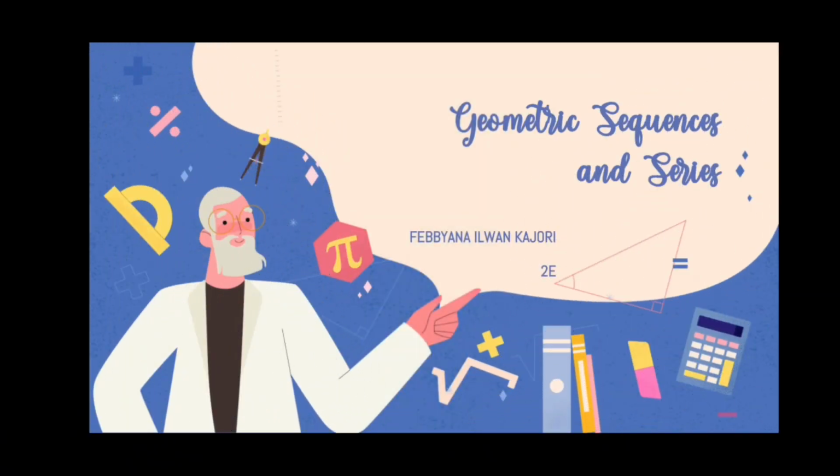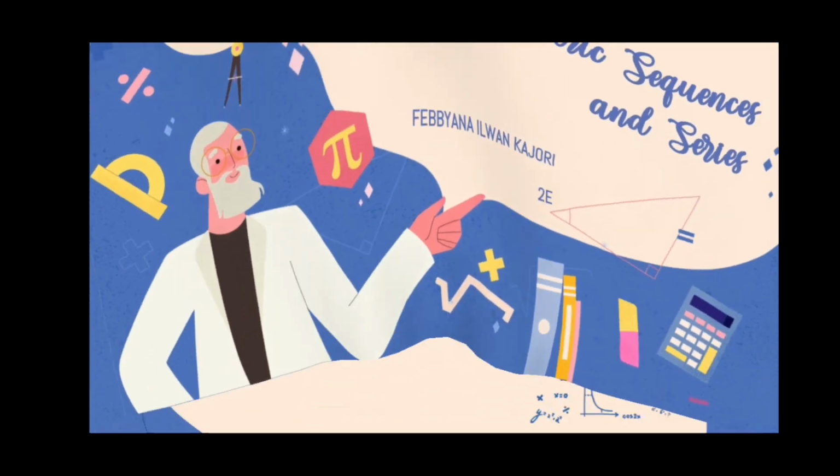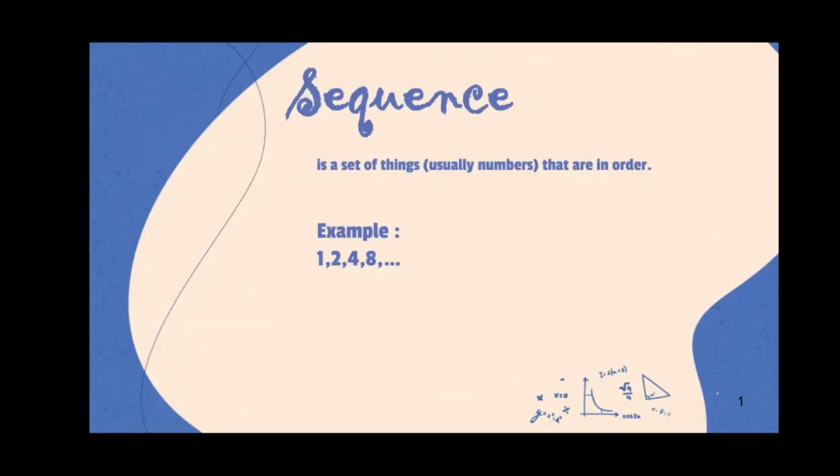Okay, now I would like to present to you about geometric sequence and series. I am going to cover 2 points. Firstly, about geometric sequence, and secondly, about geometric series. To start with sequence. What is a sequence? A sequence is a set of things, usually numbers, that are in order.